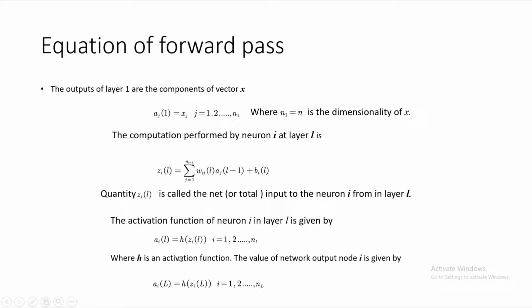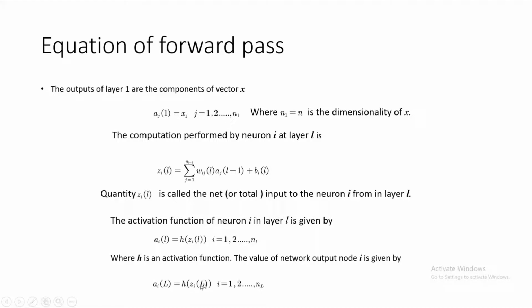Here h is the activation function, and the value of the network output i is given by a_i^L, where L indicates the output layer. First we estimate the net input, and then we feed it to the activation function to get the activation value.